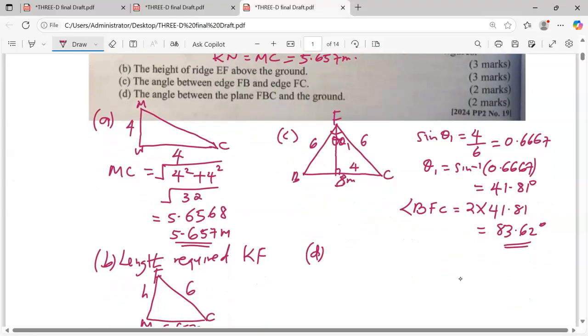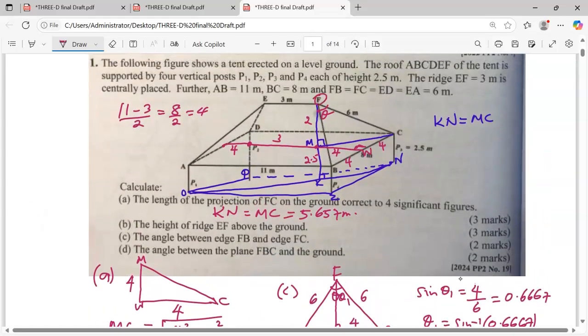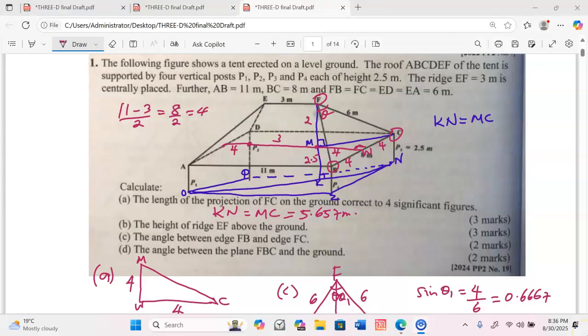Then finally we go to part D, where we are supposed to find the angle between the plane FBC and the ground. FBC and the ground. We are going to sketch again that triangle. So we are going to use FMW. This is what we are going to do.